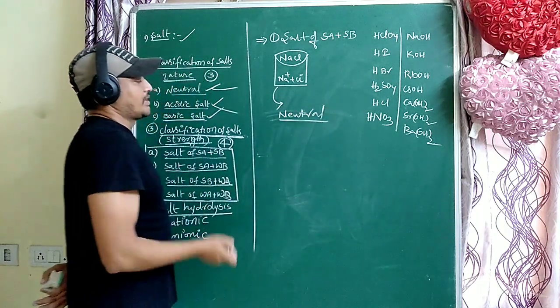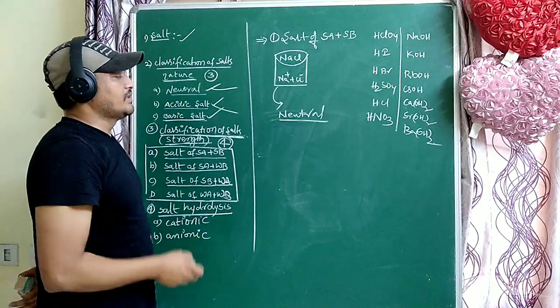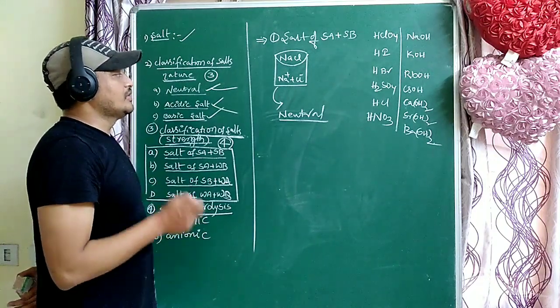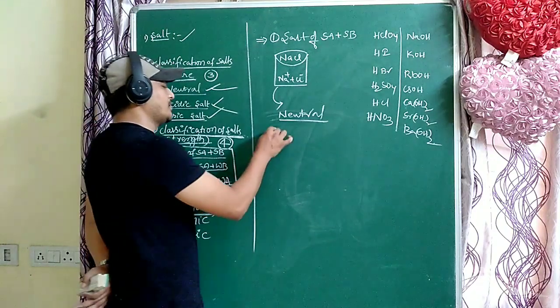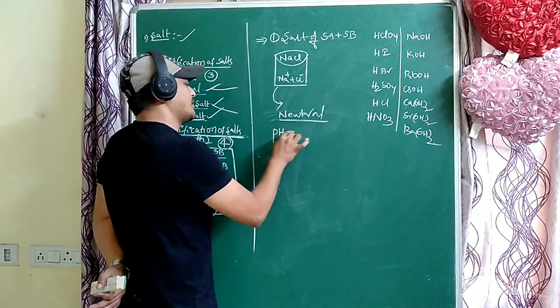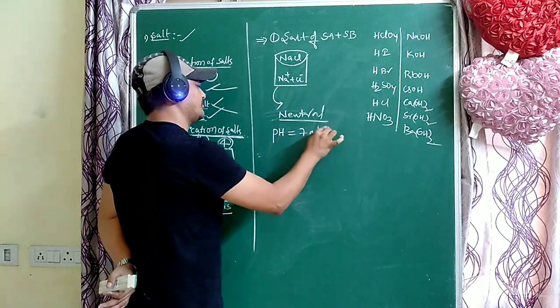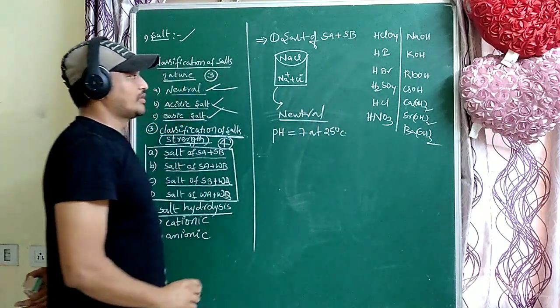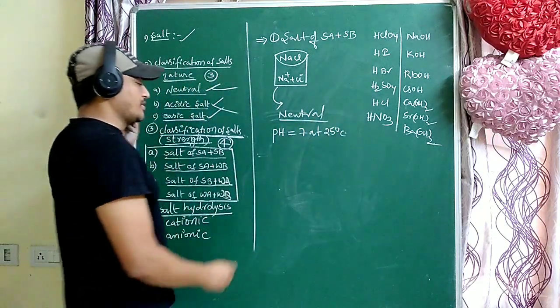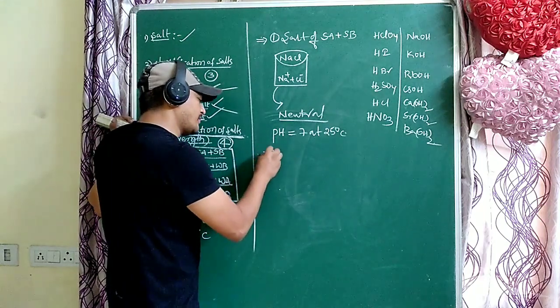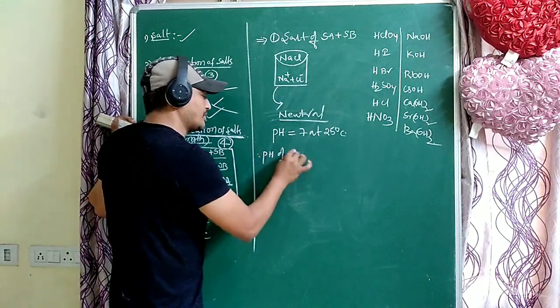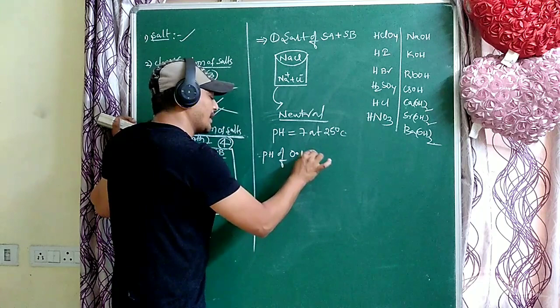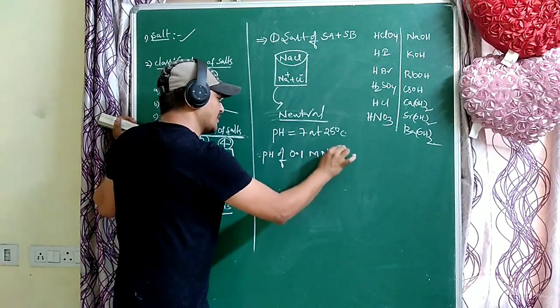So that type of salt does not hydrolyze. What is the nature of the solution? Neutral. The pH value is 7 at room temperature, at 25 degrees. For example, what is the pH of 0.1 M NaCl solution?